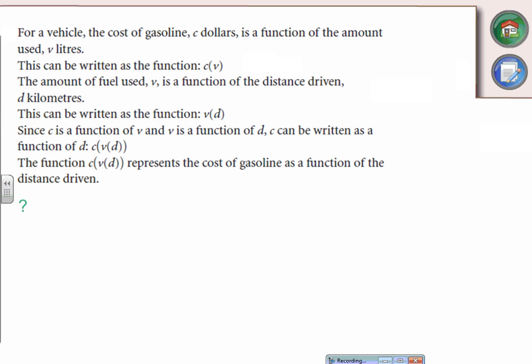Here's another example of where we would use compositions. For a vehicle, the cost of gasoline, C dollars, is a function of the amount used, V liters.